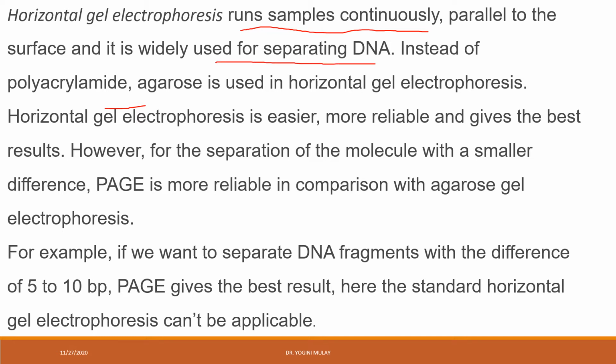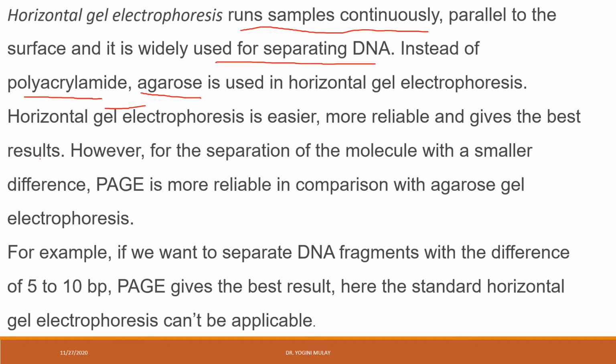Instead of polyacrylamide, which is used in vertical gel electrophoresis, here agarose is used. Horizontal gel electrophoresis is easy to conduct as well as reliable, and it gives the best results.